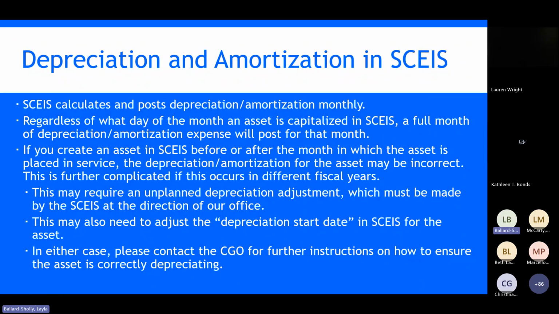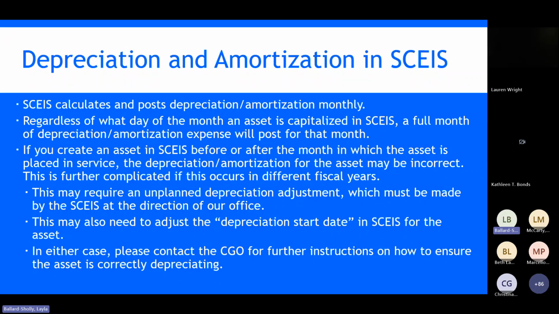Depreciation and amortization in SKIS. This is something that no one can really adjust at the agency level. You kind of have to make sure you have everything correctly inputted for the asset, and SKIS is just doing it on its own. I recently got SKIS to make active a transaction.